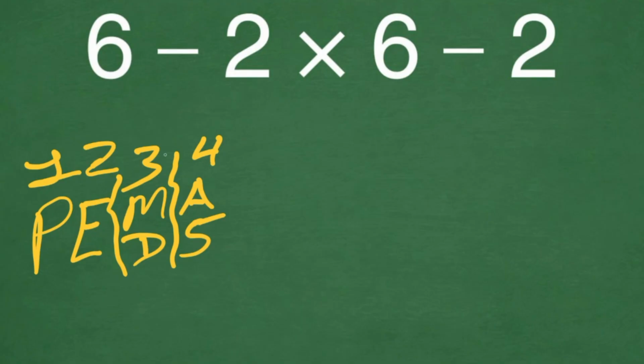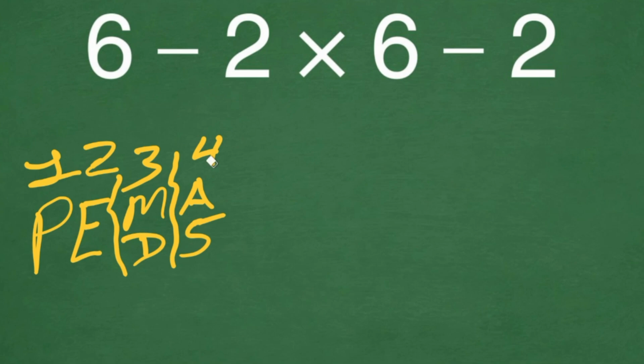Because clearly multiplication has greater priority than subtraction or addition. These are their priority 1, 2, 3, 4, and 3 is prioritized, right? Multiplication and division is prioritized before addition or subtraction.